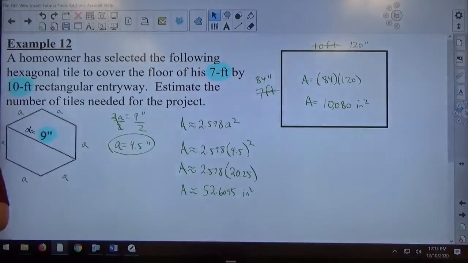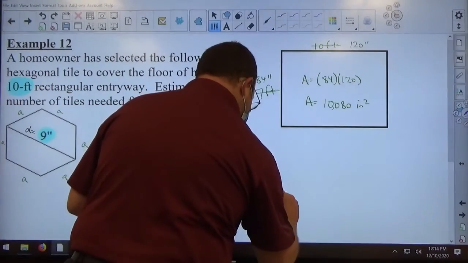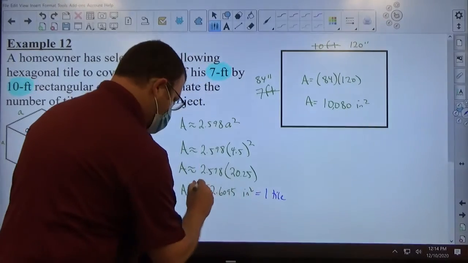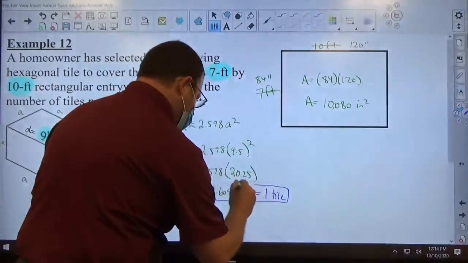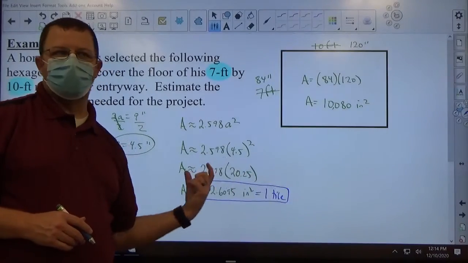So the area of one tile is 52.6095 square inches. The area I need to cover with the tiles is 10,080 square inches. If we made an equivalence statement out of that, this area is equal to what one tile is, right?